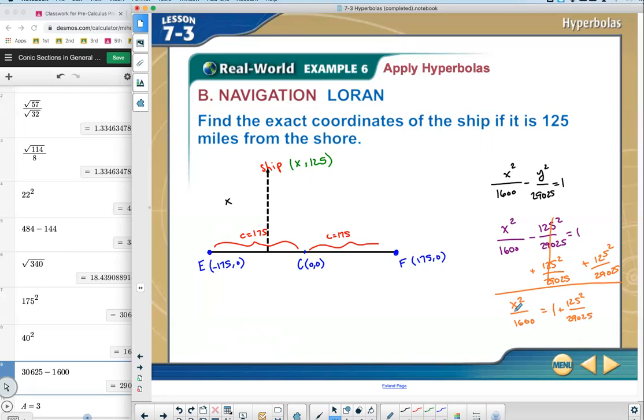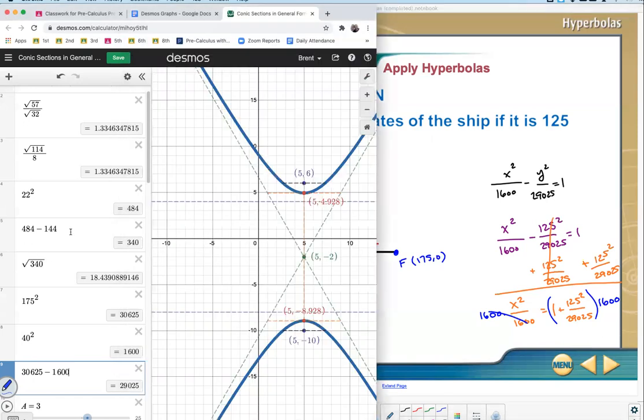Okay, and so the final step to get x squared by itself is I would need to multiply by 1600. I'll multiply that, and I'll also multiply all this by 1600. Now that will give me x squared, and then we'll take the square root of that. So first let me go to the calculator and type this in. Let's see what we get.